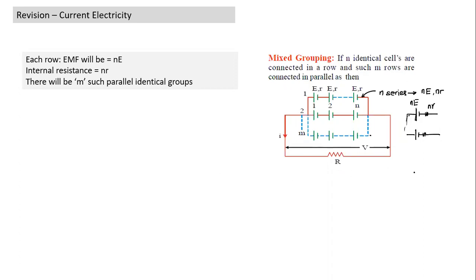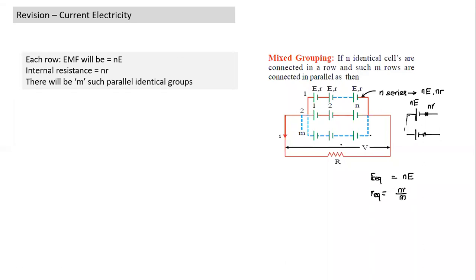What is the final equivalent EMF? All batteries are identical now. When batteries are identical, the equivalent EMF in the case of parallel combination is equal to the EMF of either battery. So the equivalent EMF is equal to NE, and the equivalent internal resistance will be all internal resistances connected in parallel. Since M of them are there, it will become equal to Nr by M.